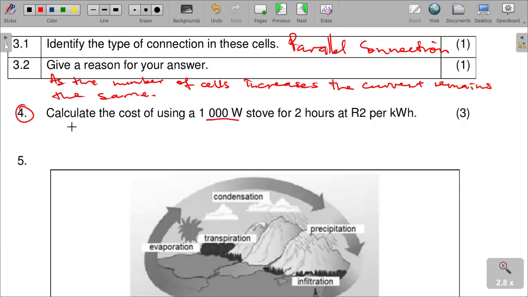The cost is equal to power consumption in kilowatts, multiplied by time in hours, multiplied by unit price.